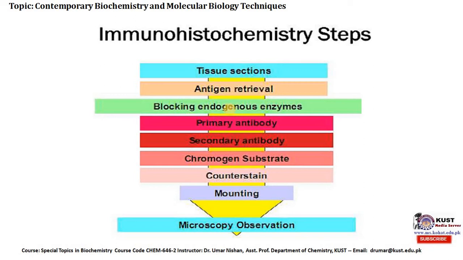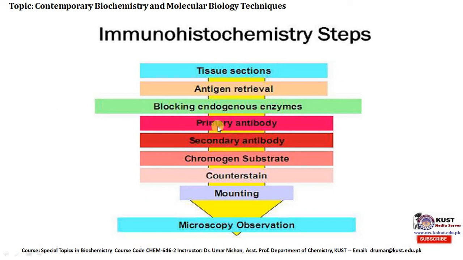Now you have to understand this, that once primary antibodies are attached with their antigen, even if we wash the tissue sections, the primary antibodies don't detach from the antigen because their binding is very efficient and very strong, and they cannot be washed away.